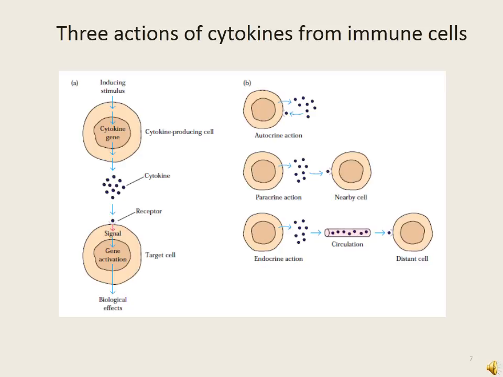And then the cytokines are released out into the environment. Only the cell that has the receptor specific for the cytokine will be activated, okay? And this cell you can call the target cell for the cytokine.